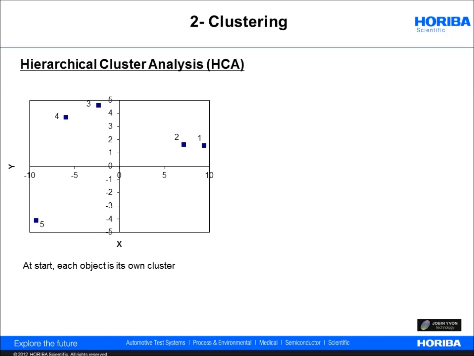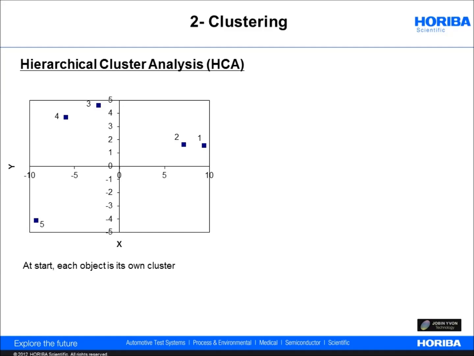Hierarchical cluster analysis is an agglomerative technique aiming at grouping objects into clusters. Let's take an example with a set of 5 spectra. The spectra are represented here in a 2D plot in a similar way to what is done in principal component analysis plots shown previously.